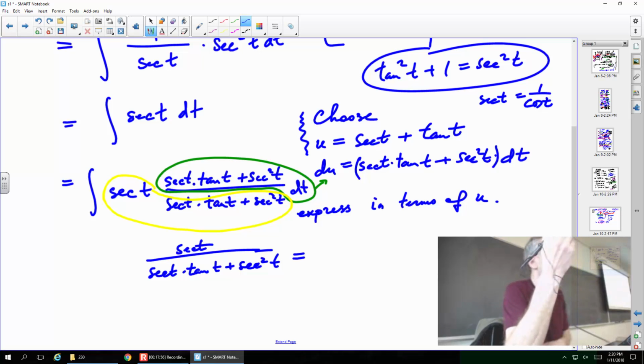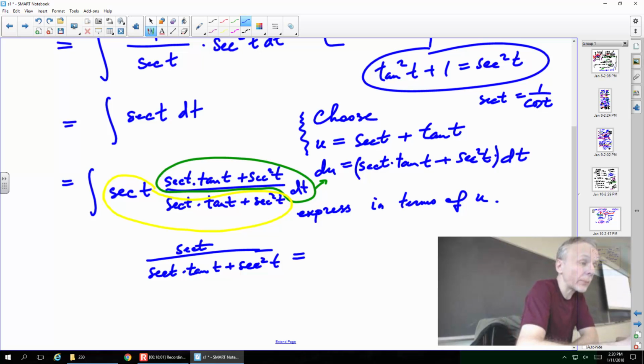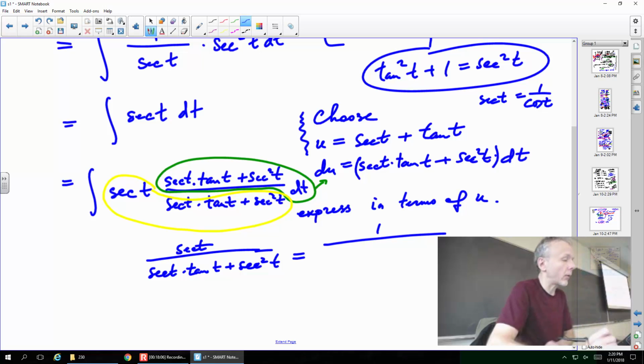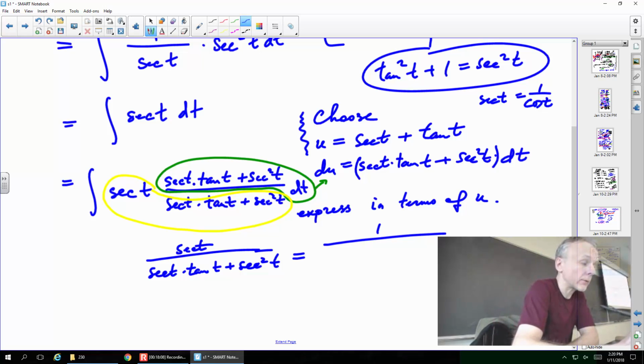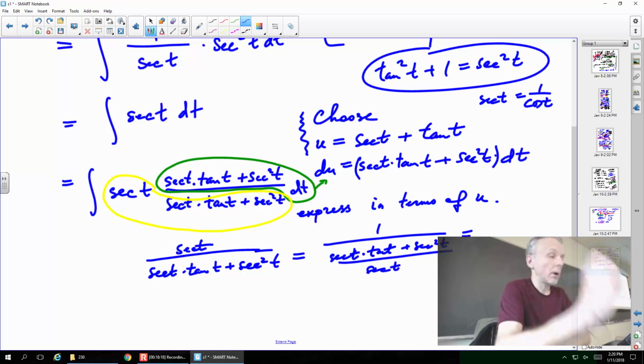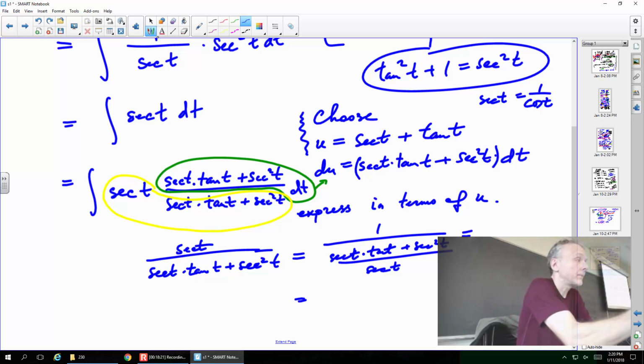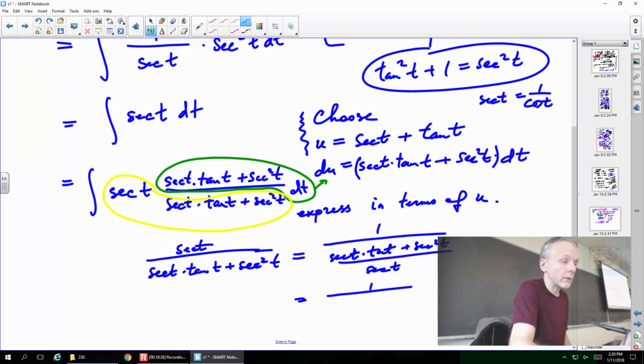I'm not in a position to divide, but if I take the reciprocal of the reciprocal, I flip my fraction here. So secant t times tangent t plus secant squared t divided by secant t. What do we have here then? 1 over tangent t plus secant t.